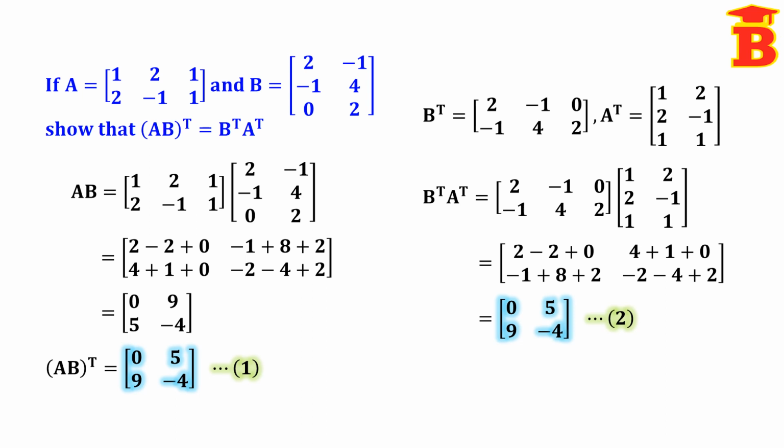Now see the answers 1 and 2. Both are the same: 0, 5, 9, minus 4. Here also 0, 5, 9, minus 4. So therefore from 1 and 2, AB whole transpose equals B transpose into A transpose.